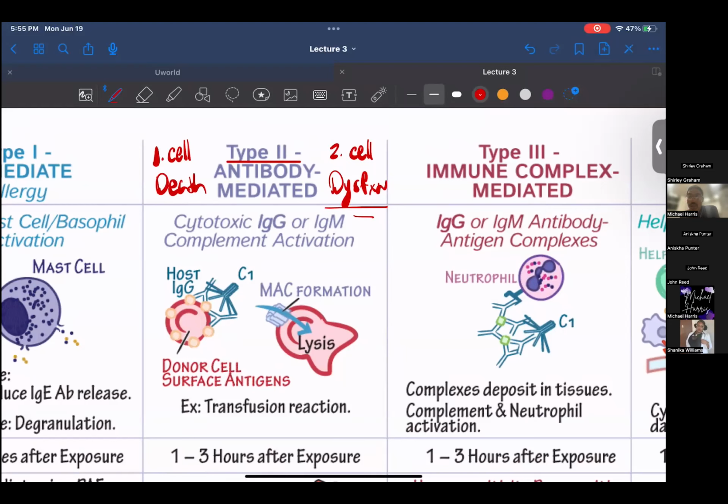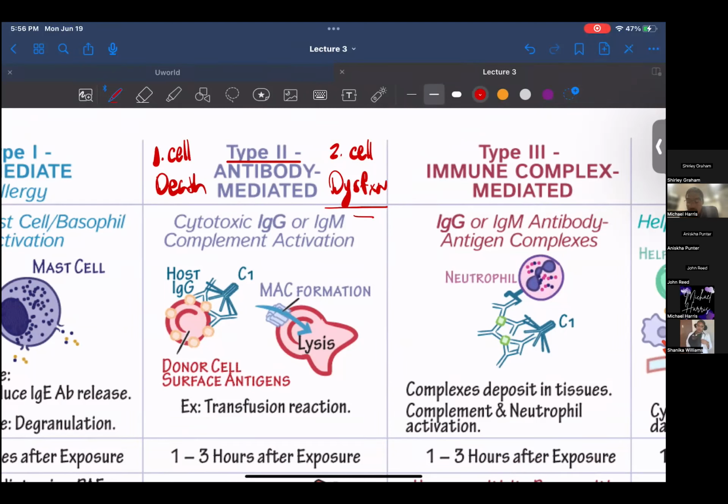It could go on to the other side of things, and you can look at things like Graves' disease, where you're activating the cell versus inhibiting the cell. Okay, does that make sense as we move on? All right, great. Now, the big thing here is it's binding to the cell. Once again, binding to the cell.